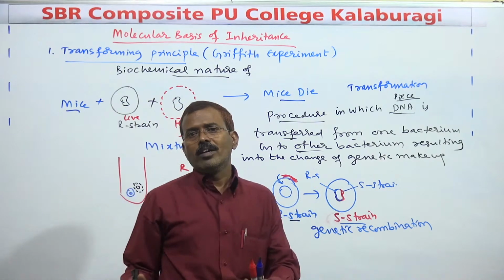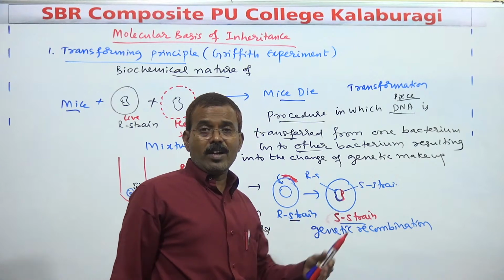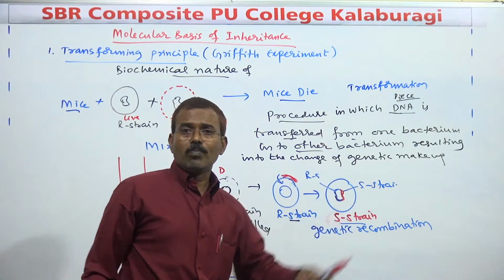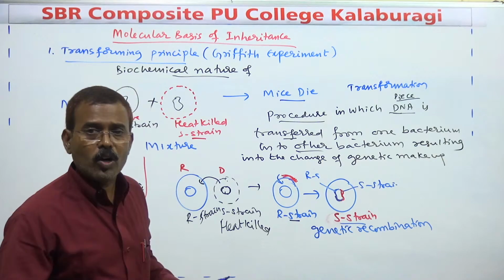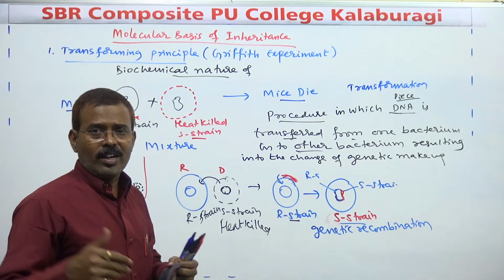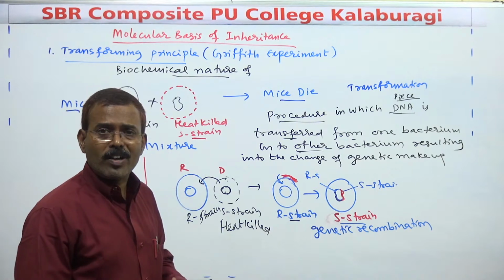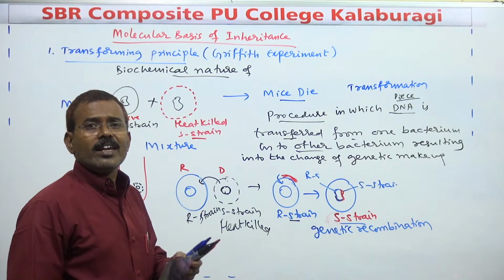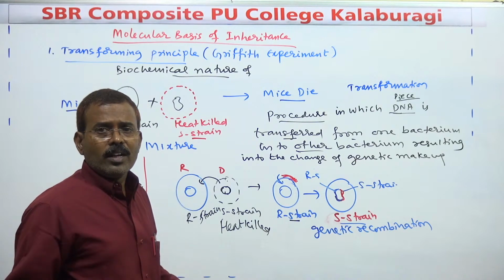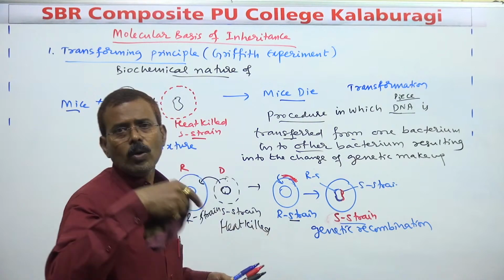So later on, this experiment was continued by a group of other scientists. We will move on to the next set of experiments, which reveal that DNA is the transforming principle, responsible for the conversion of rough strain into smooth strain.